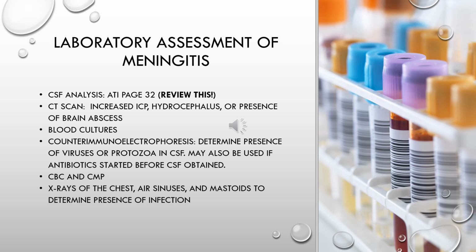We'll do a CBC and a CMP because you can have elevations in your white blood cell count as well as shifts in your electrolytes. They may do a chest x-ray, x-rays of your sinuses, and also the mastoid process to determine if there's any presence of infection there, because that could be where the original event occurred. So just some other tests that they may do.